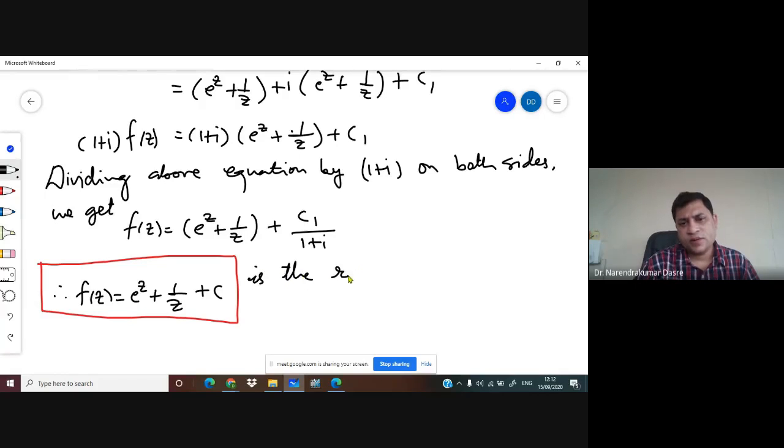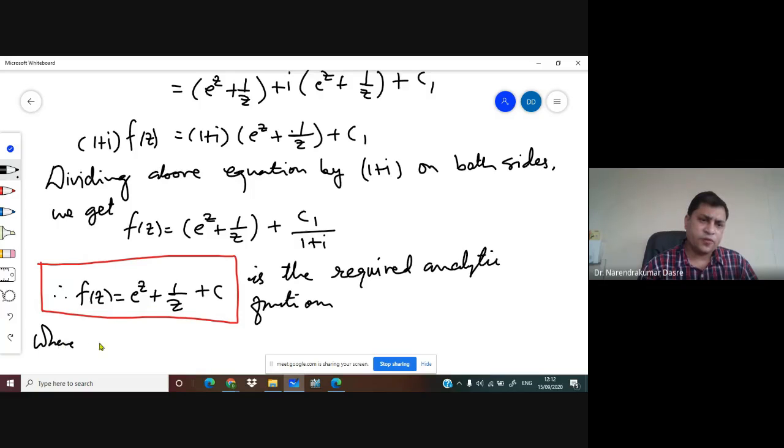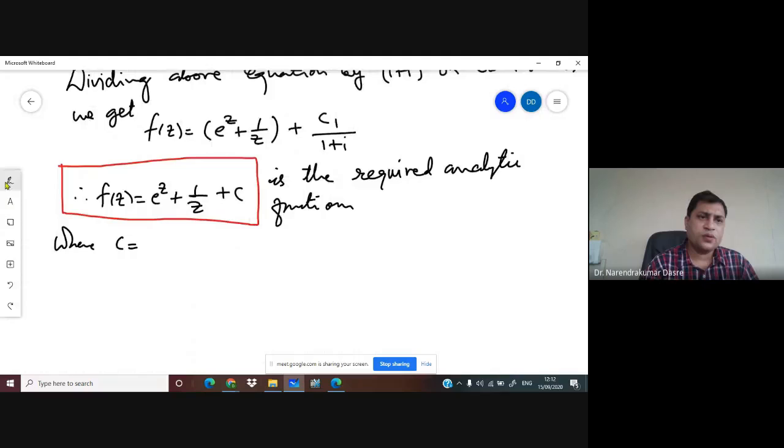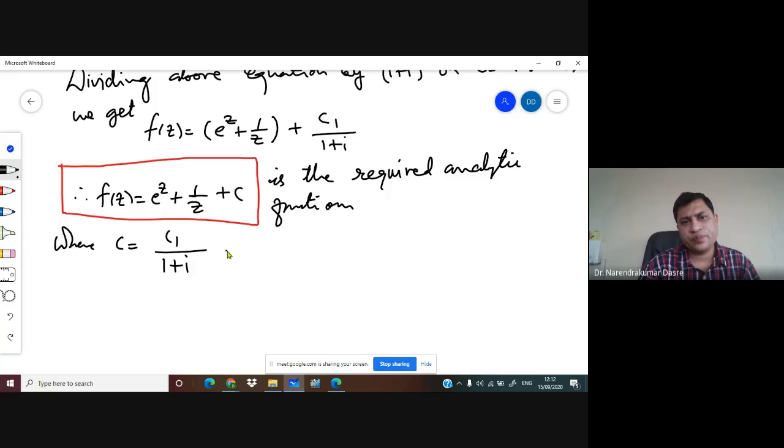This is the required analytic function. We can write here where c is equal to, so what is c here? c1 upon 1 plus i.